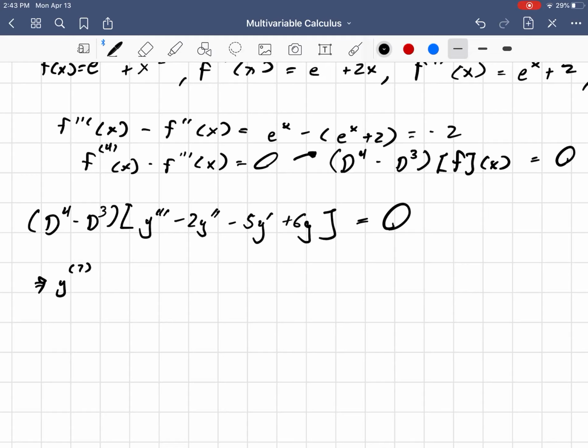So now we have to take the fourth derivative. So we get the seventh derivative of y minus the sixth derivative of y minus 5 times the fifth derivative of y plus 6 times the fourth derivative of y. Now minus the sixth derivative of y minus 2 times the fifth derivative of y.